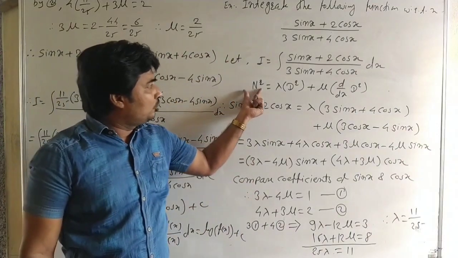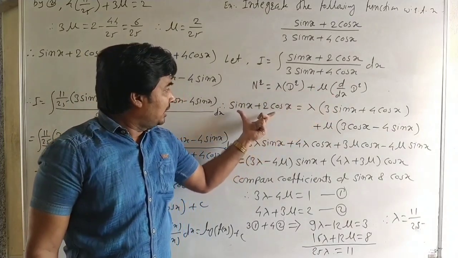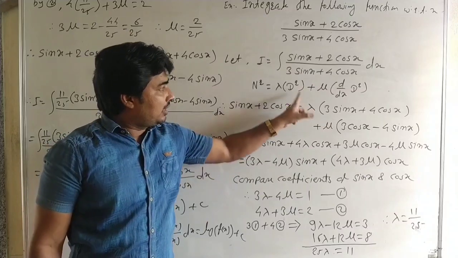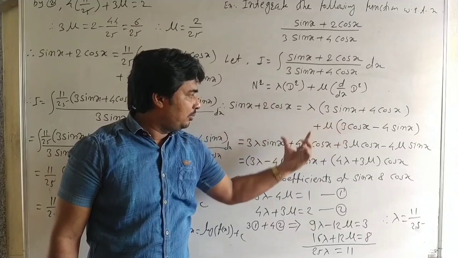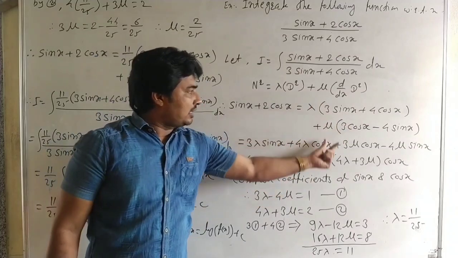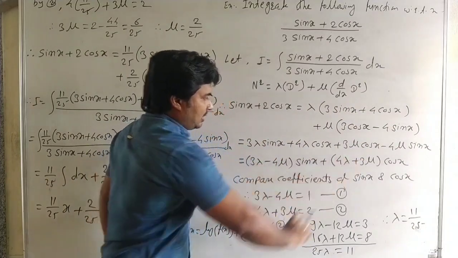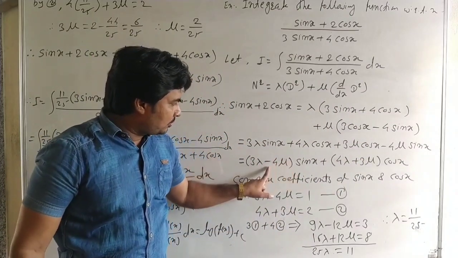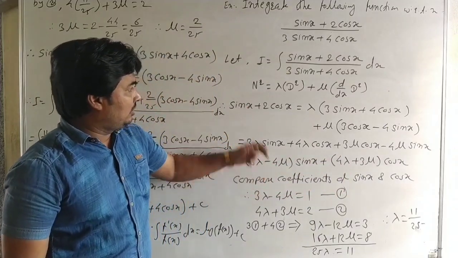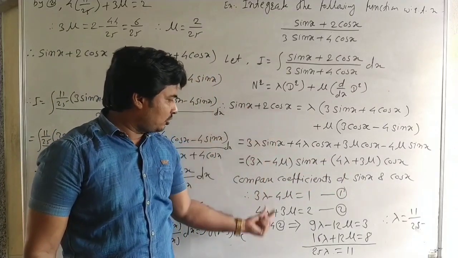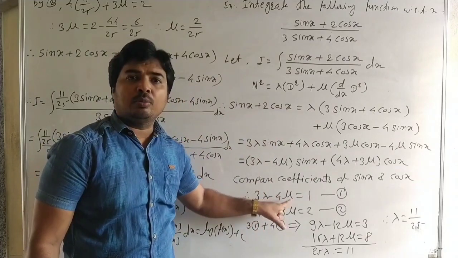First we write numerator is equal to lambda into denominator plus mu into derivative of denominator. Then we multiply lambda and mu on this side, it is the RHS. On the RHS there is a coefficient of sin x and a coefficient of cos x, so these two sides are equal, so we compare the coefficients of sin x and cos x, we get two relations, and then solving these two we find the values of lambda and mu.